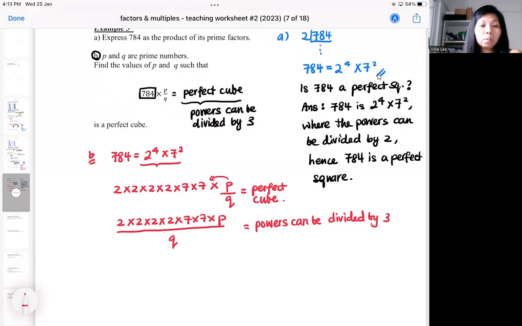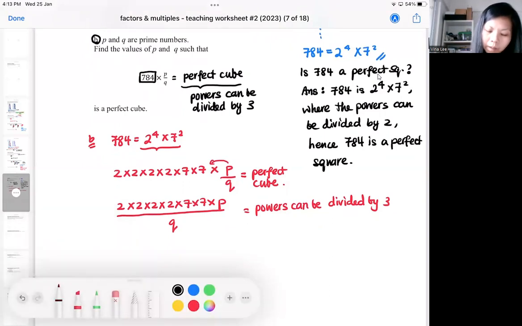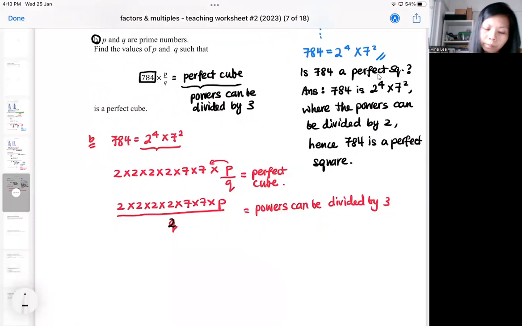You need to multiply by P and Q in such a way that I'll get powers that can be divided by 3. The trick is here. Q is a 2, because I can cancel and I will be getting a 2 cube. So Q is a 2.